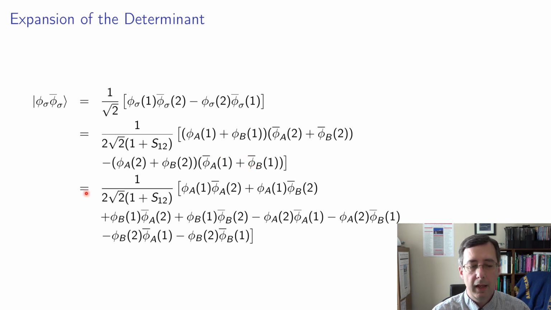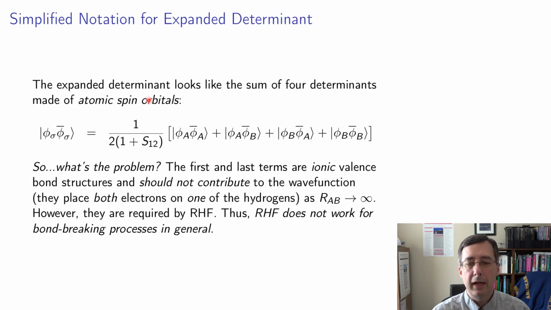All right, and I can rewrite this, if you want, this way, where I have quite a few terms, and you can trace through that math and check that if you like, but I'll move on. And I'm going to say I can collapse that previous slide into a simplified notation where I'm going to go back to a Slater determinant form, but now I'm making a Slater determinant where the columns are atomic orbitals rather than molecular orbitals.